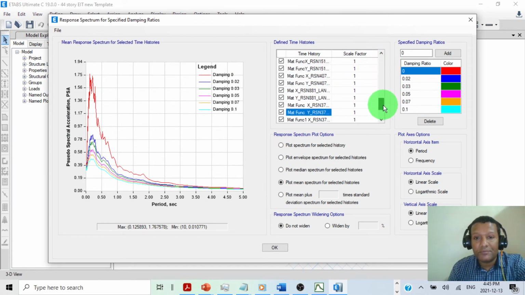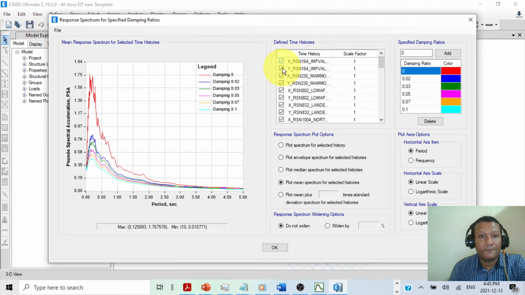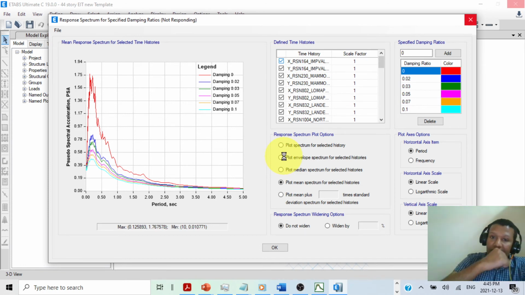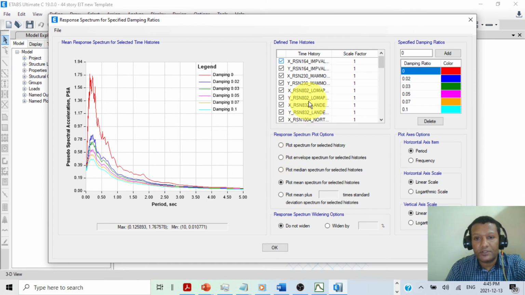You can also take only the matched ones. For example, you can uncheck this. Because for our design we need the mean, we can take the mean for our design. Okay, so by doing so, we can see our results.